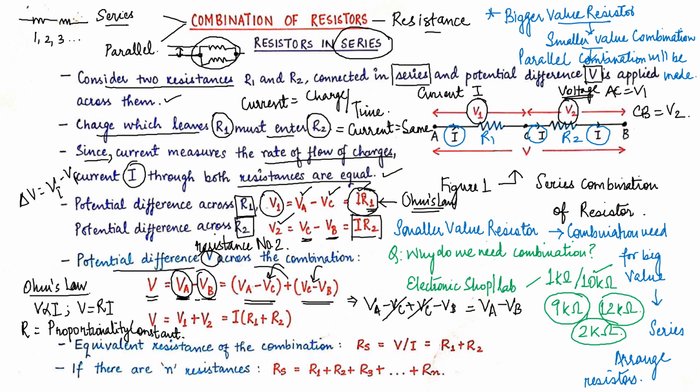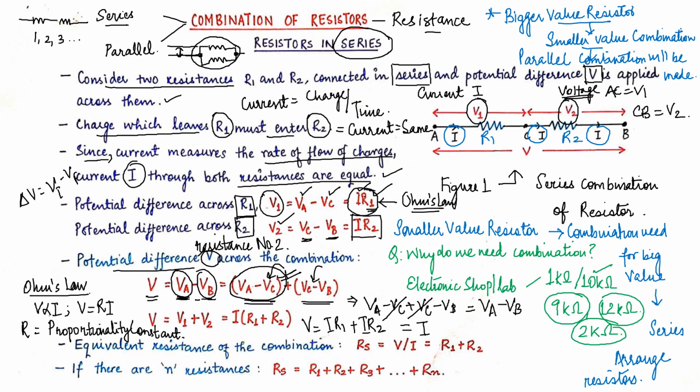So we know why we are substituting this bracket value, because we know the magnitude of this bracketed value, which is IR1. So I will put here V equals IR1 plus IR2, and here the current in both cases is common.